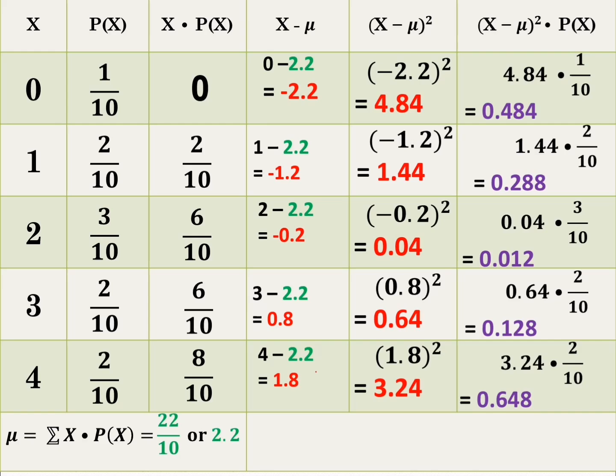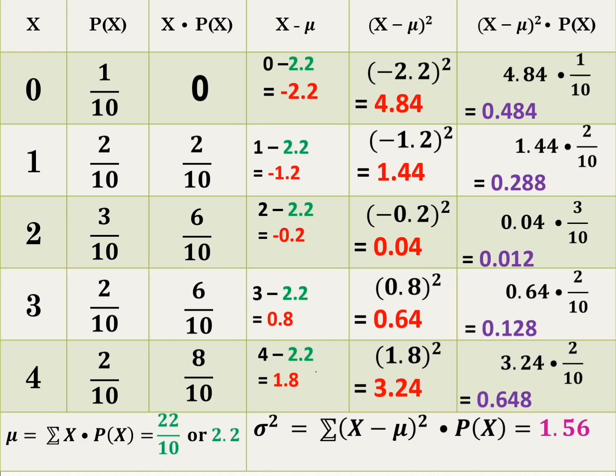And then, let's find the sum. Isasum lang natin lahat ng product ng last column na to. I-add lang natin sila. 0.484 plus 0.288 plus 0.012 plus 0.128 plus 0.648, that is equal to 1.56. And that is now the value of our variance.